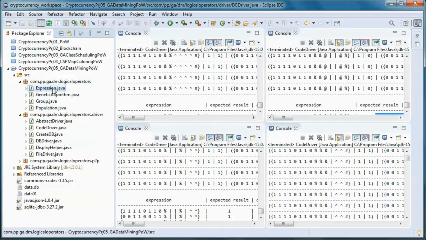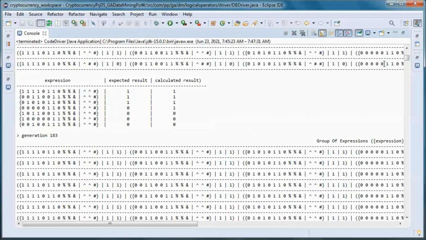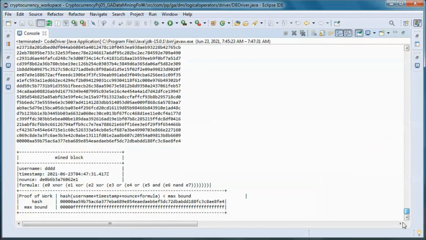This code here, and we're doing a simplistic approach. So we are just using the discovered formula as part of the block that gets hashed.